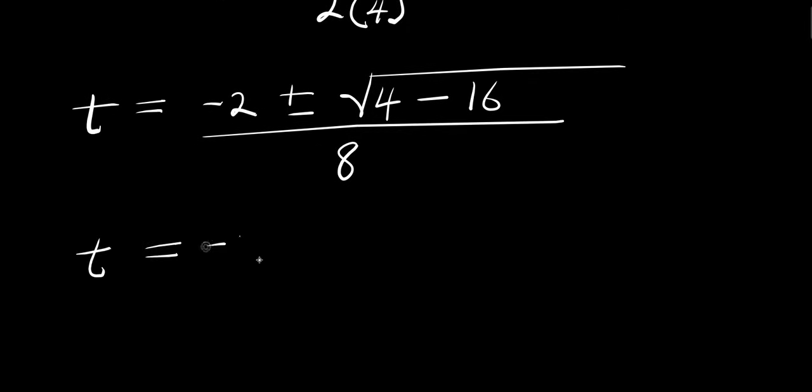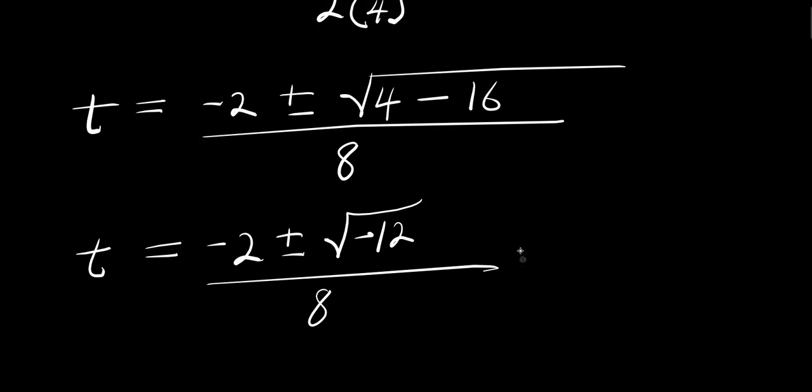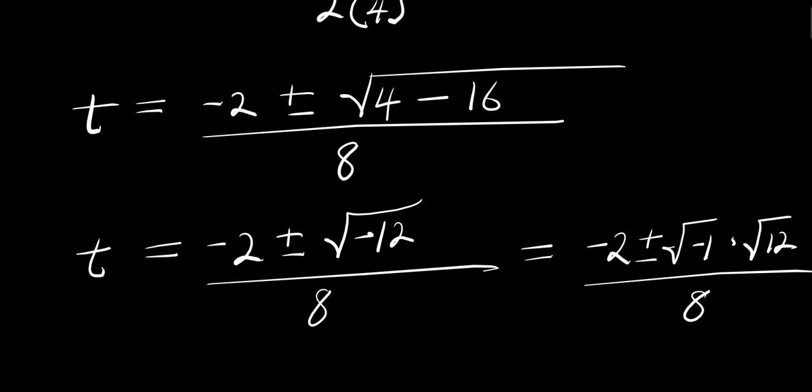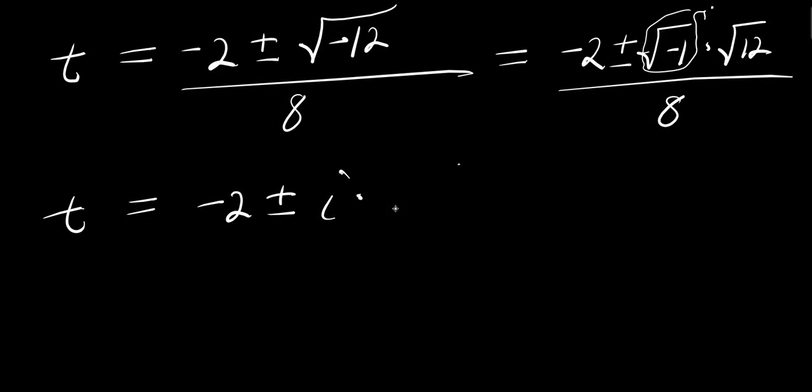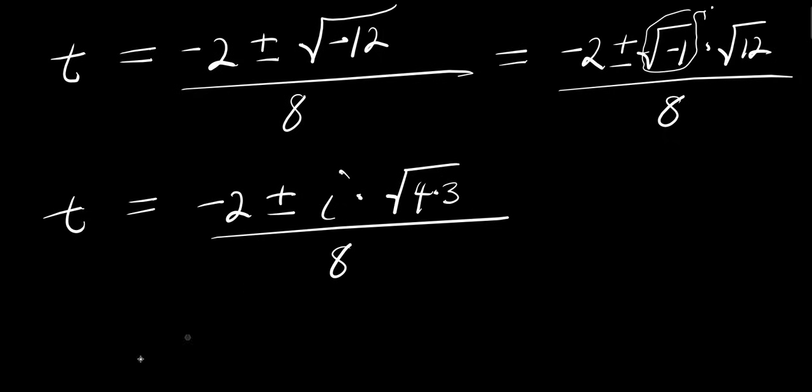From here, I have t equals negative 2 plus or minus square root of 4 minus 16. This is negative 12 divided by 8. And this equals negative 2 plus or minus square root of negative 1 times square root of 12, divided by 8. From here, you have t equals negative 2 plus or minus square root of negative 1, here is i, times square root of 12, that is 4 times 3, divided by 8.